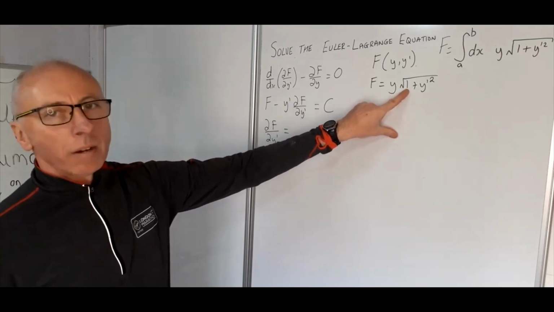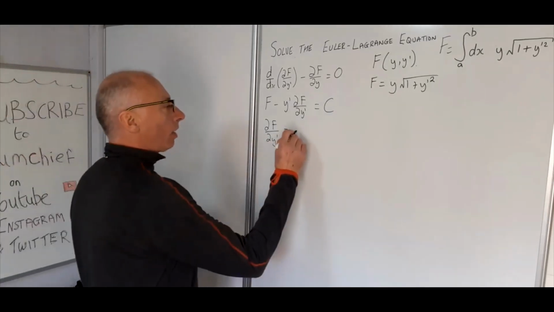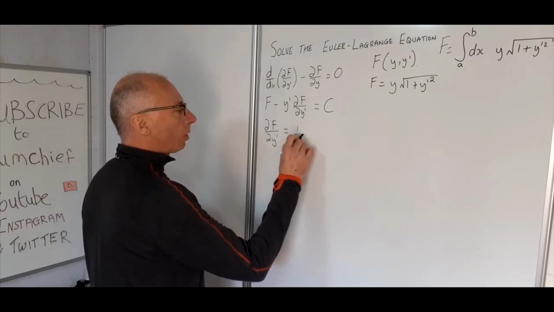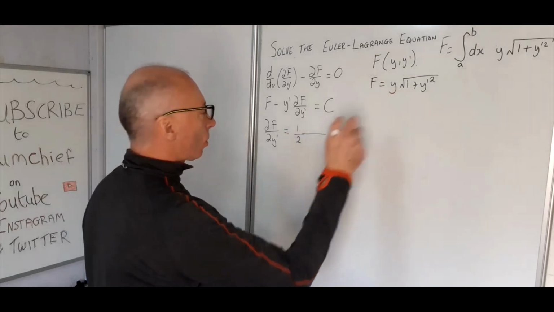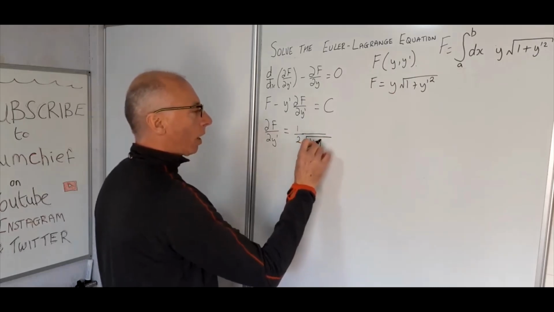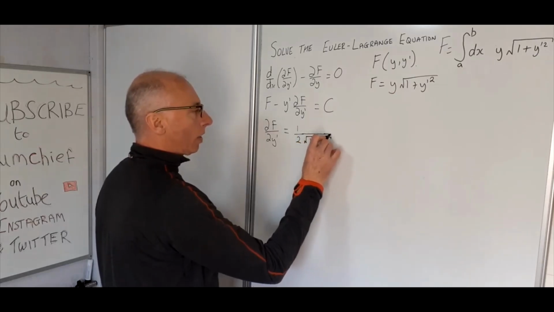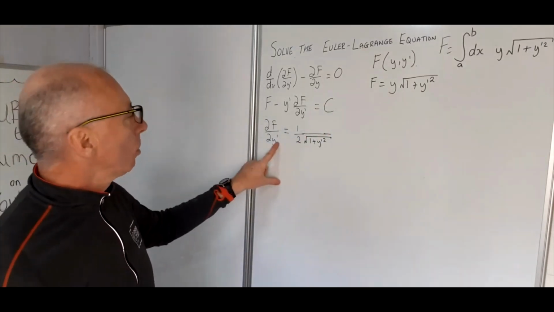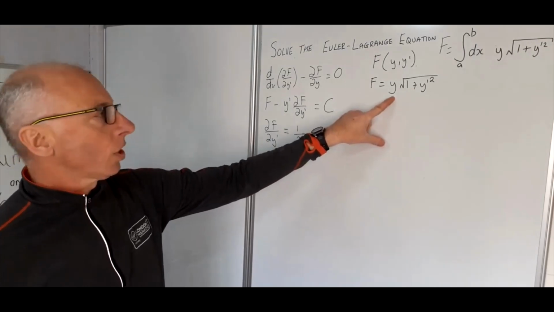As it's a square root, from our calculus 1 days, we know that becomes 1 over 2 times the square root of 1 plus y prime squared. The y, when we're taking the partial with regards to y prime, is just a constant.